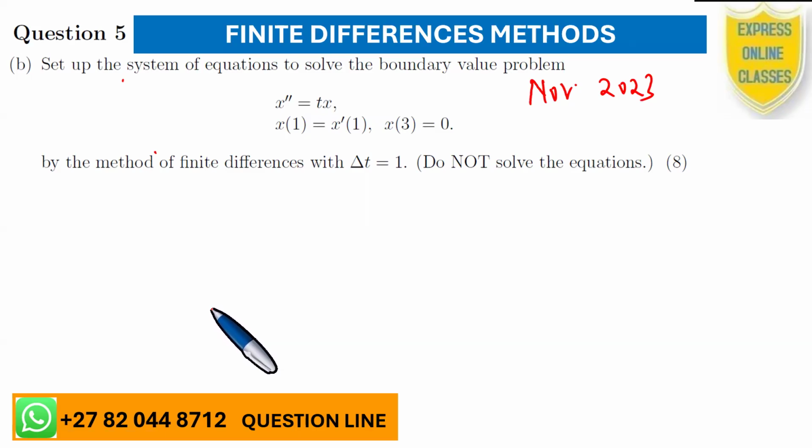And now we are looking at how to get started: set up the system of equations. Here we're going to use Octave. As said already, Octave is a tool that can be used from time to time to help in solving problems, because sometimes the solutions are long and therefore we might decide, okay, let us not solve.